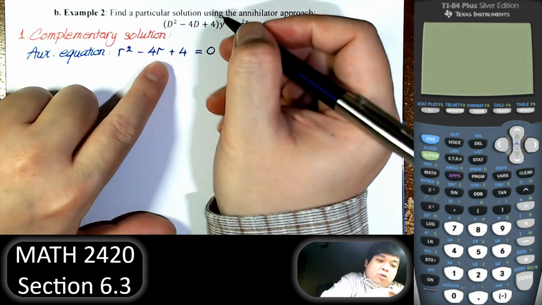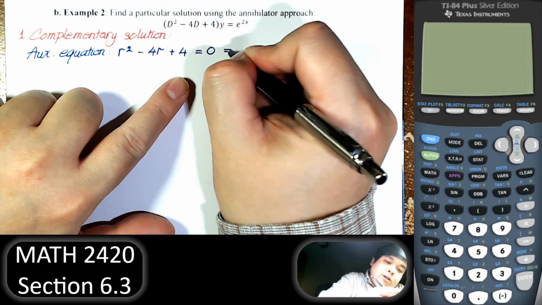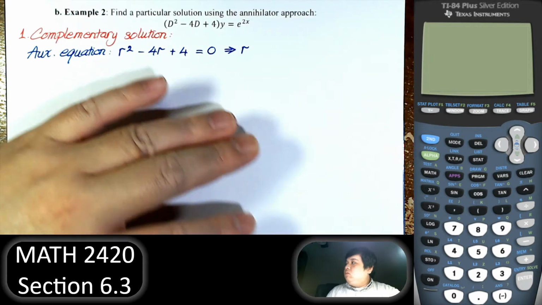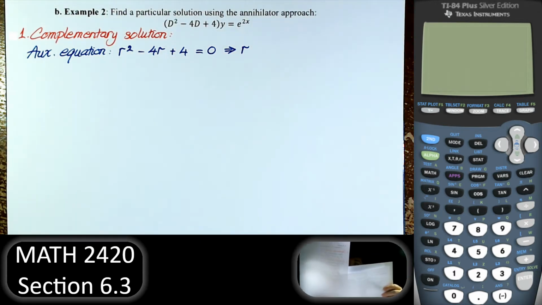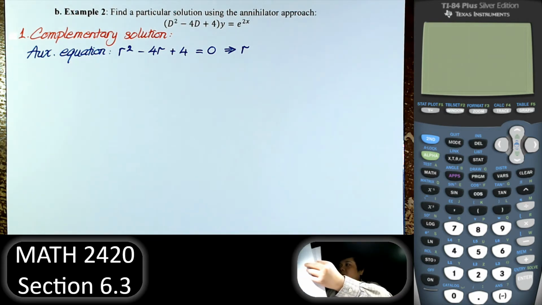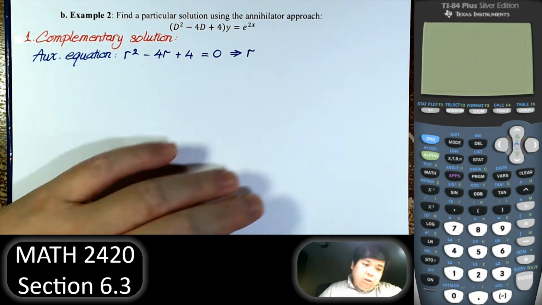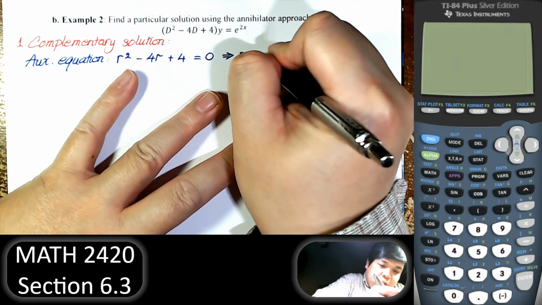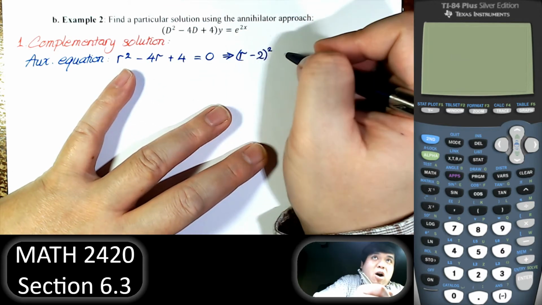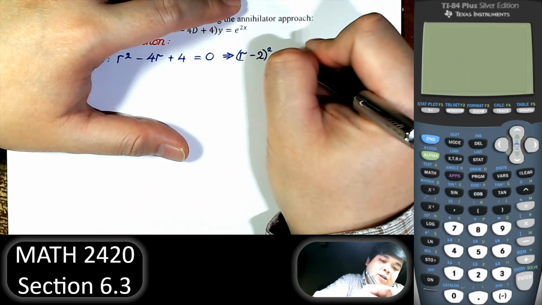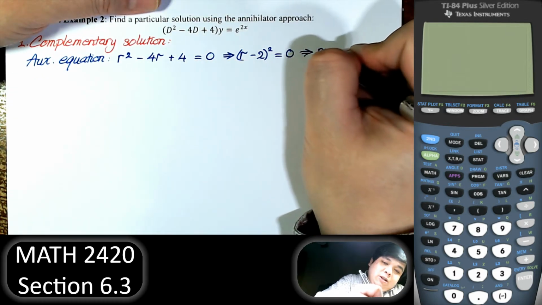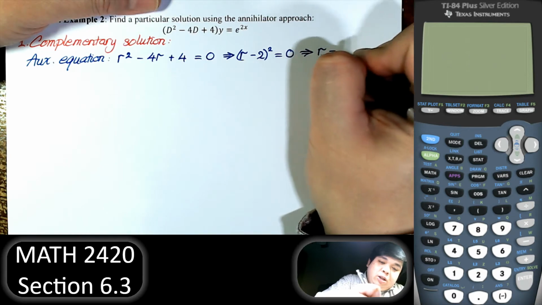Looks like we can factor it: r minus 2 squared. r minus 2 times r minus 2 is that. So in this case we have a repeated root of 2.